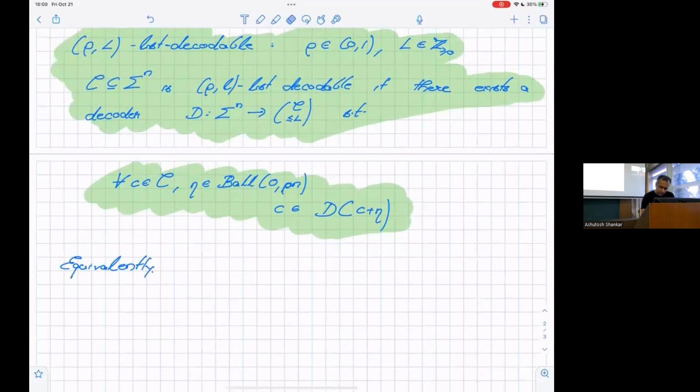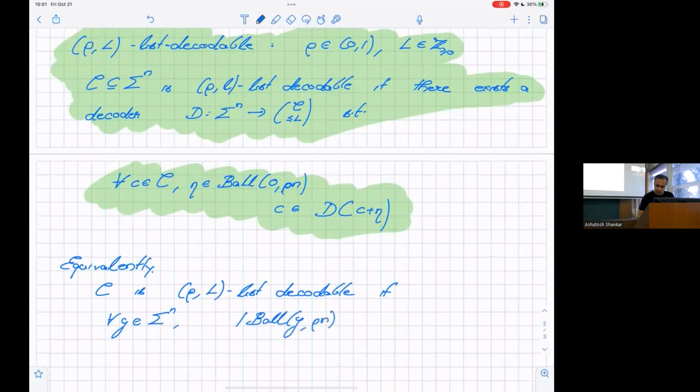This is the same thing as saying the code C is rho n, L list decodable if for all y in sigma to the n, the ball of radius rho n around y intersected with the code contains at most L code words. You can convince yourself these both are the same.